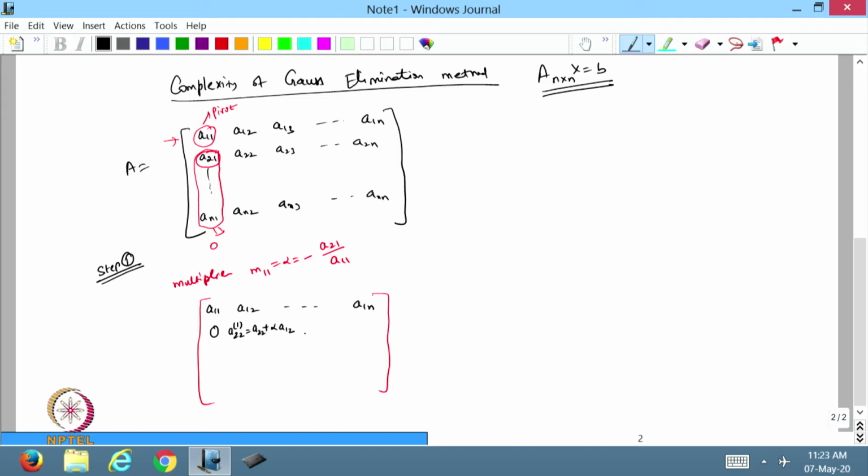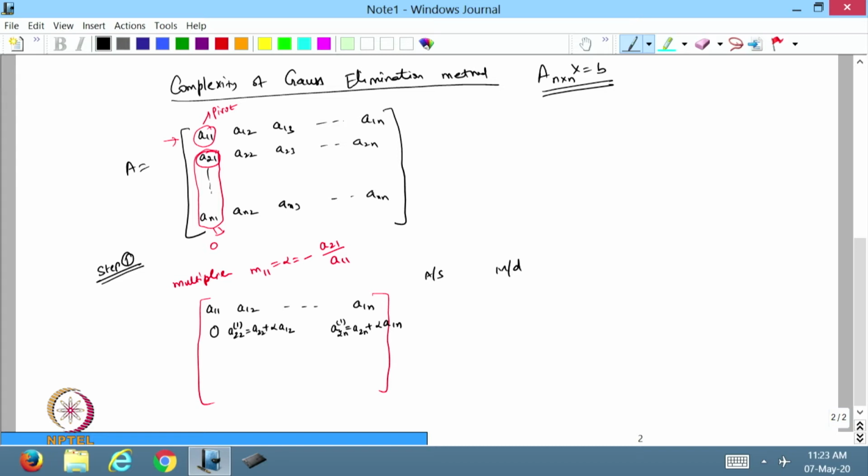Similarly, the next ones follow, and for the last one, the new element will be a2n plus alpha times a1n. Now I want to see how many additions and subtractions, and how many multiplications and divisions there are.